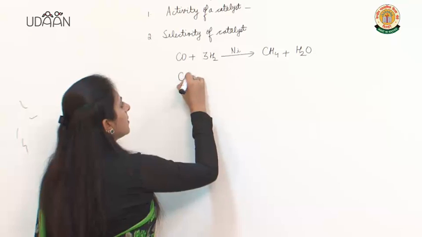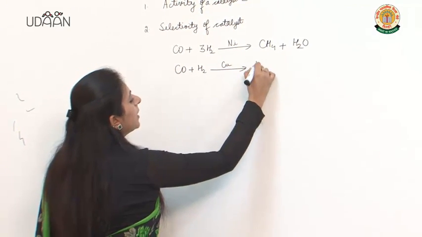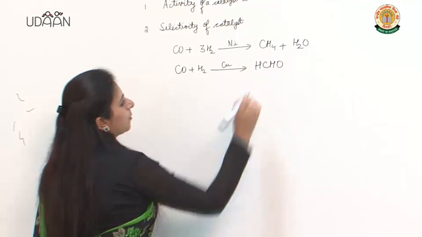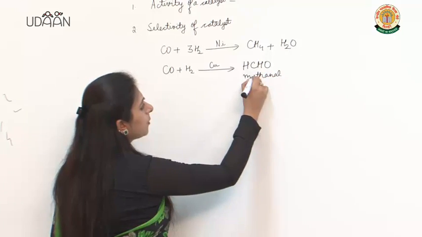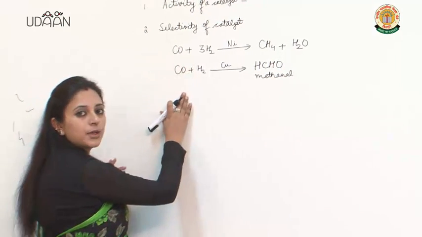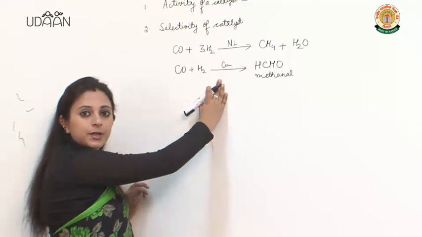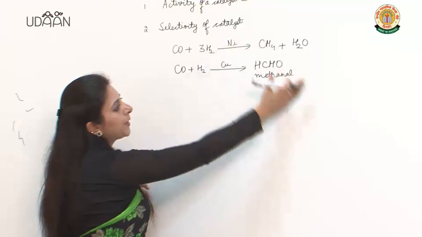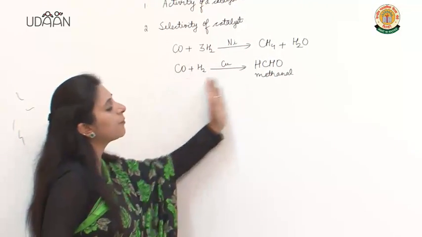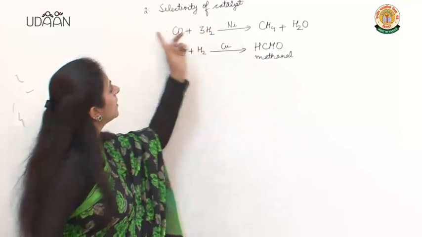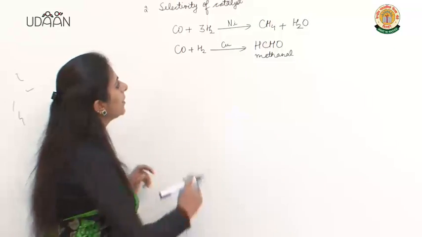But if I take CO and H2 in the presence of copper as catalyst, now I am getting HCHO, that is methanal. This means that in both reactions the reactants are the same, what is different is the catalyst, due to which the products are different. So that means the catalyst has directed the reactants to form different products. So this is the selectivity of a catalyst, that it selectively forms a particular product.